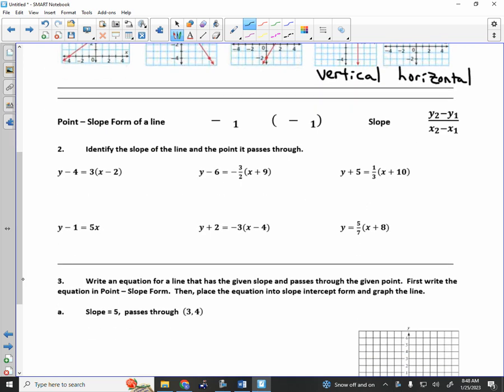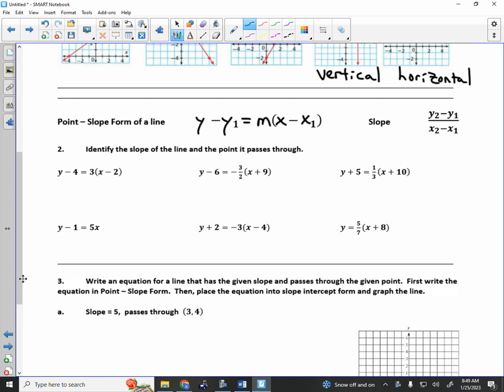But if we look at the point slope form of a line, that's another way that we can determine an equation for a line. Okay. So as you can see here, my computer erased some of this stuff. I think it says y minus y1 is equal to m times x minus x1. Is that what yours says? Okay.